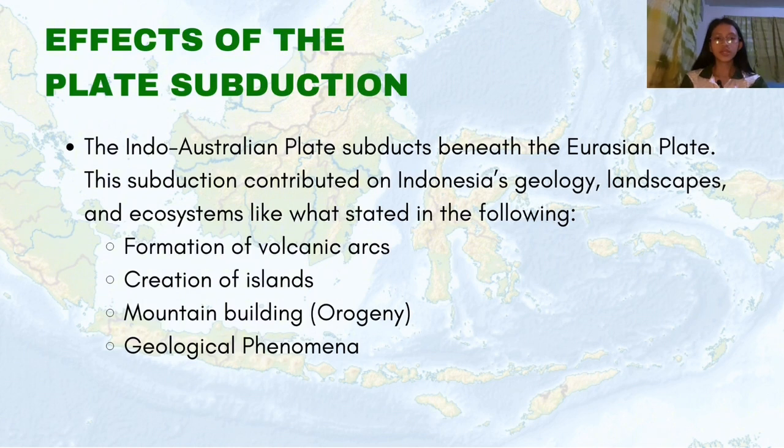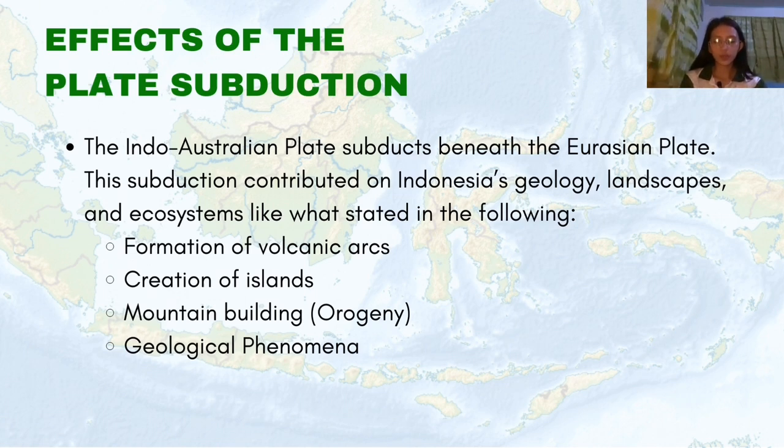So, the Indo-Australian subduction caused distinct effects in Southeast Asia, especially in Indonesia. This subduction is the driving force behind Indonesia's active volcanoes, earthquakes, and unique geography. So one of these effects was the formation of volcanic arcs.